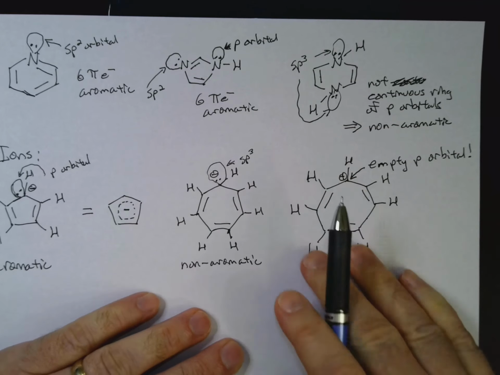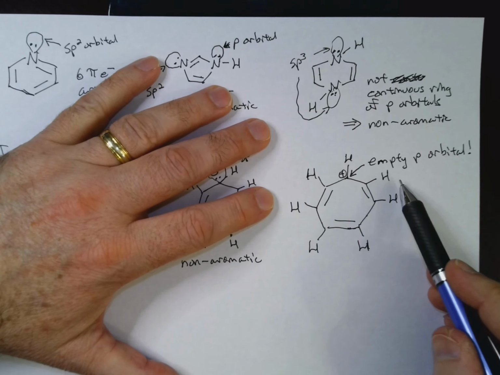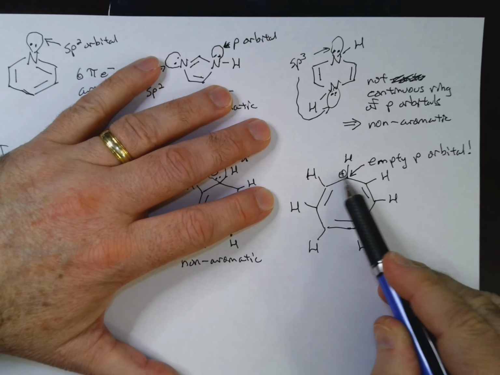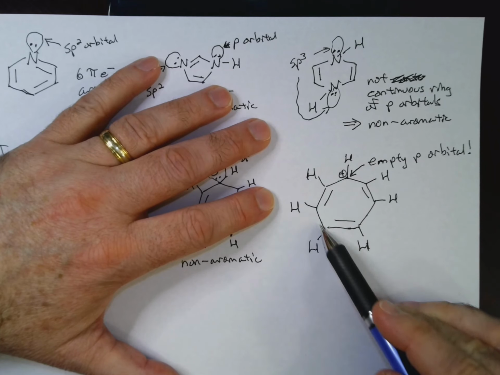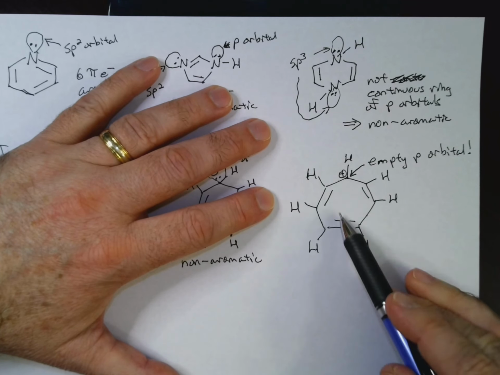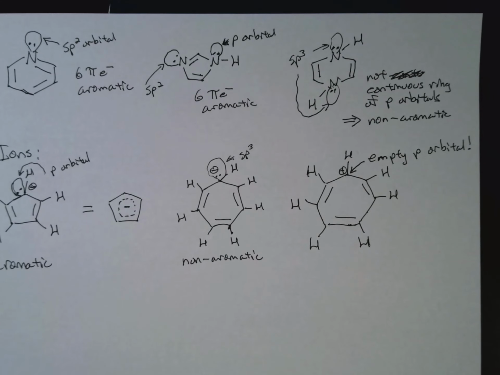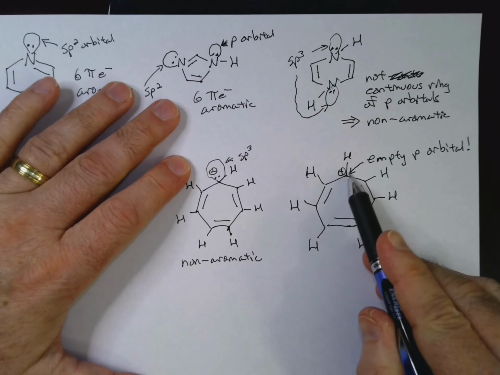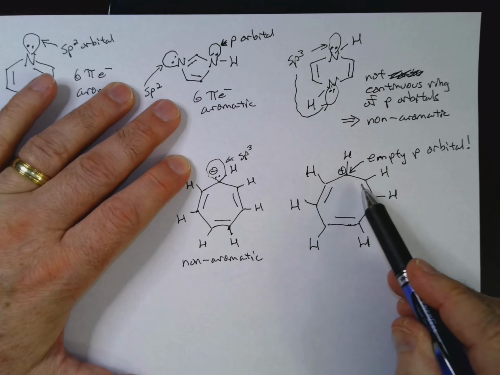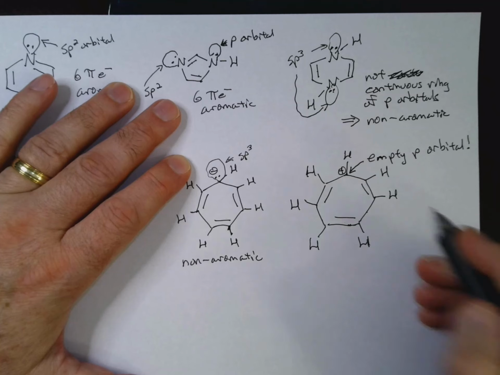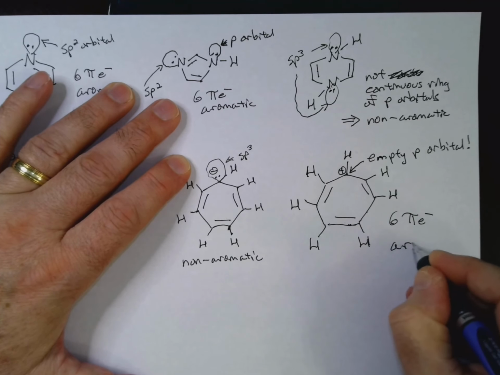So what can happen with that empty p orbital? Well, with the empty p orbital, we can get that orbital overlap. And if everything is planar, we'll have a continuous ring of p orbitals, even though one of them is empty. That's fine. So we've got our 7 p orbitals here, and we have 2, 4, 6 pi electrons. So this is aromatic.